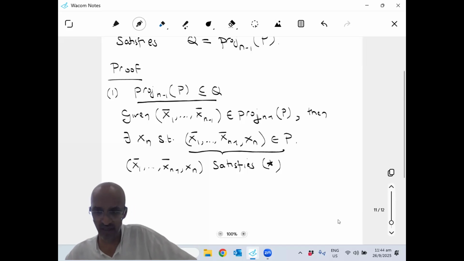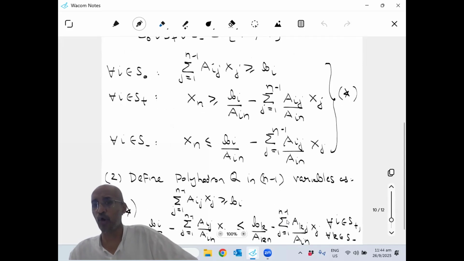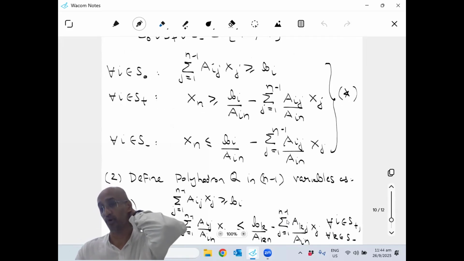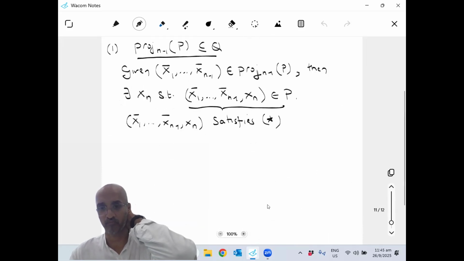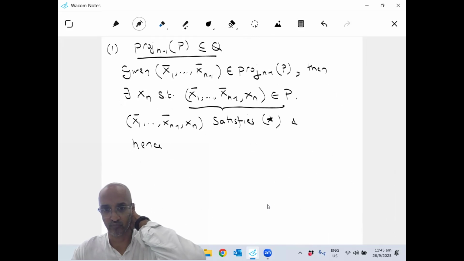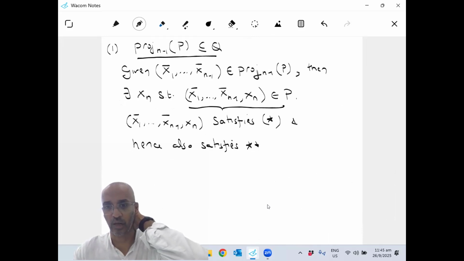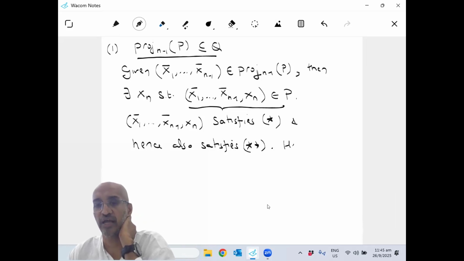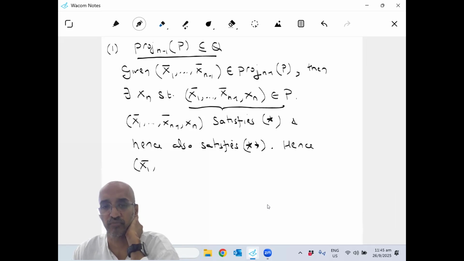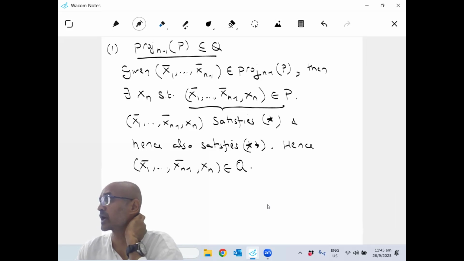But because they satisfy star, any point which satisfies these constraints, so if I've got xn which is less than or equal to this number and xn is greater than this number and less than this number, because they satisfy both constraints, the upper bounds have to be greater than or equal to the lower bounds. So clearly it satisfies double star, which means that hence this also lies in the projection. Again, it's relatively straightforward, but hopefully it's clear.